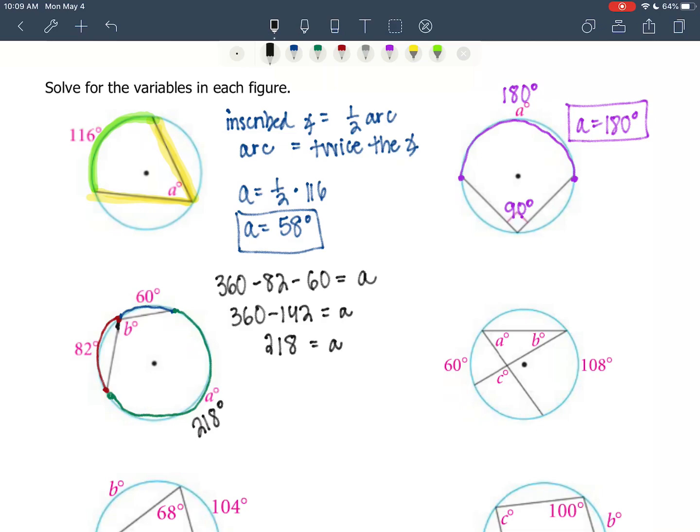And then the inscribed angle, that's not a right angle, the inscribed angle right here, B, is going to be half of 218, which would be 109 degrees.